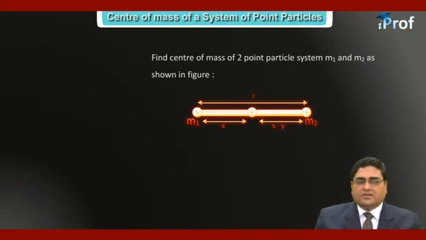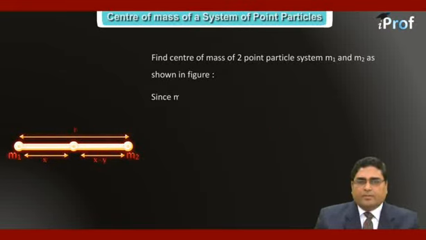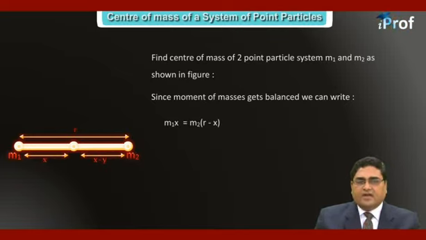About the center of mass, since the moments of masses get balanced, we can write M1 x equal to M2 (r minus x). After solving this equation, we get x equal to M2 r upon M1 plus M2, and r minus x equal to M1 r upon M1 plus M2.